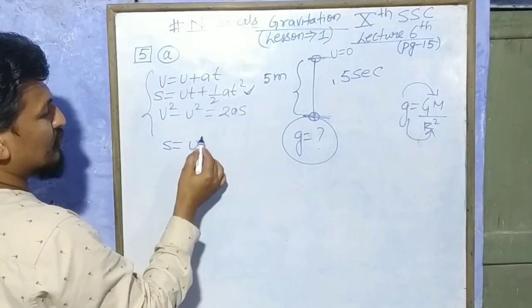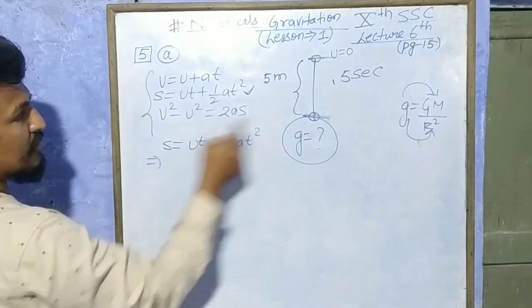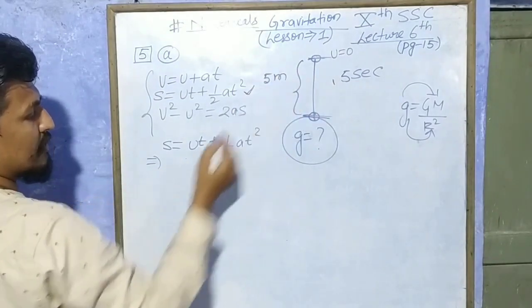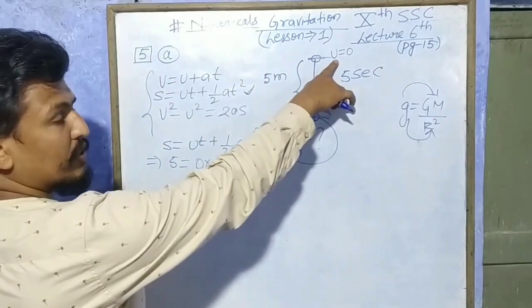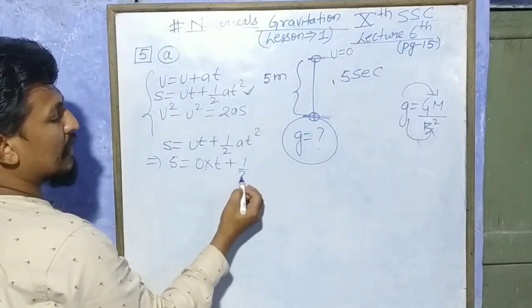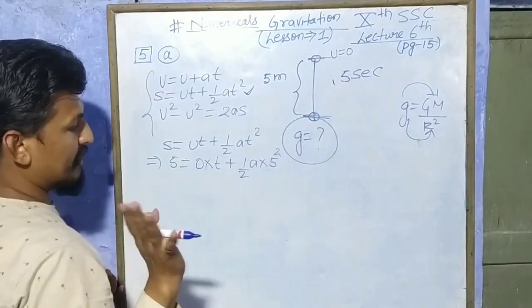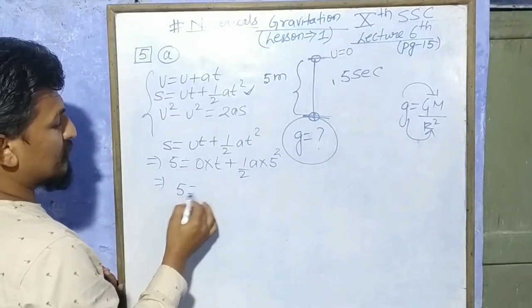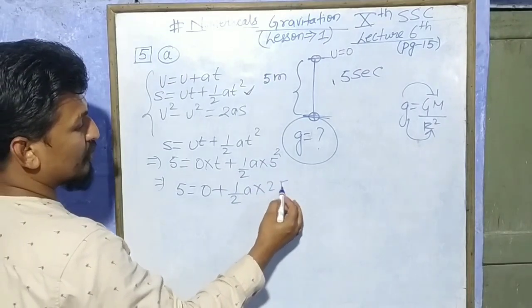So s equal to ut plus half at square. Here s is 5 meter, so 5 equal to 0 into t, with initial velocity u as 0, plus half a into 5 square. This becomes 5 equal to 0 plus half a into 25.